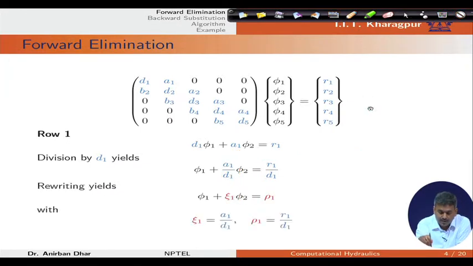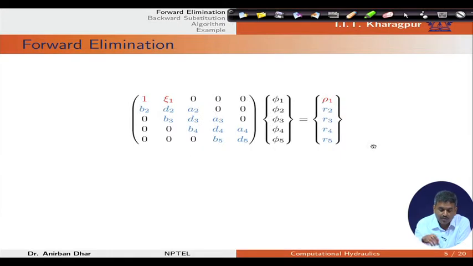Now, rewriting, we can see that if we define new variables xi 1 and rho 1, we can rewrite our first row. So, this thing we have changed. We have converted our diagonal term into unity and we have changed our off diagonal term. Obviously, we cannot change B; we have changed only A and R.